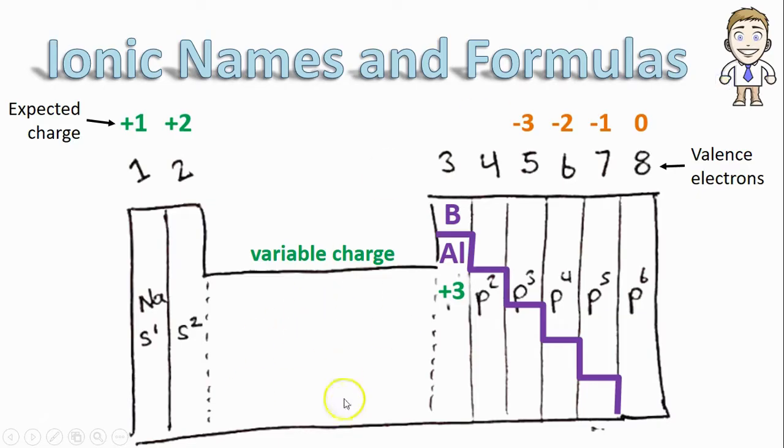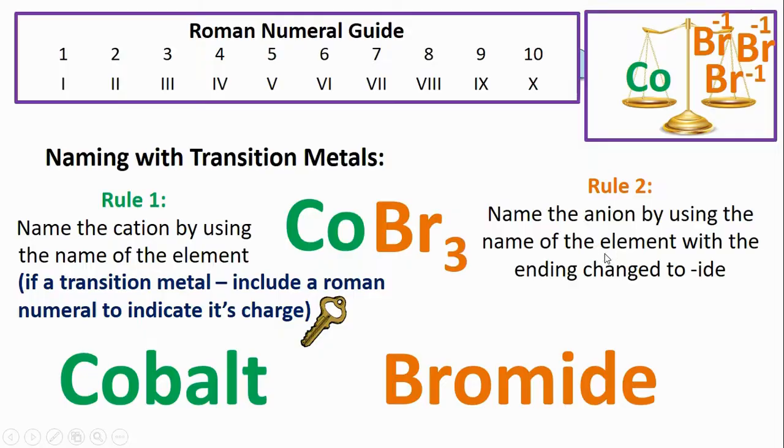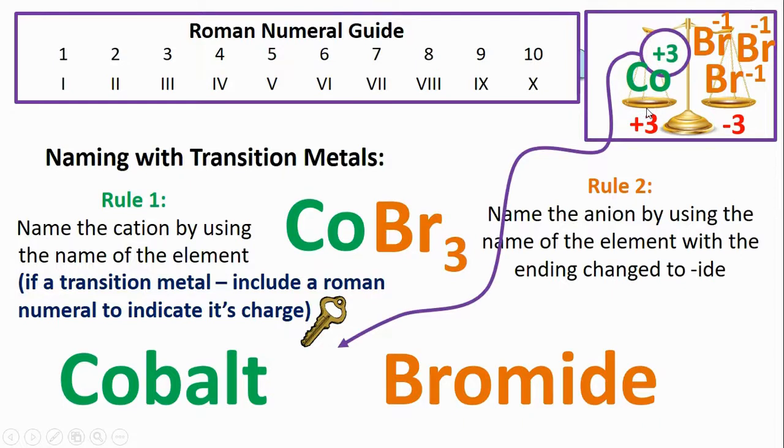And I can't look up cobalt's charge because it's a transition metal, but bromides I can look up. It's a -1. And because there's 3 of them, they all add up to -3. And because charge cancels out, my cobalt must be a +3. That +3 is the Roman numeral I include in the name, making the final version cobalt 3 bromide.